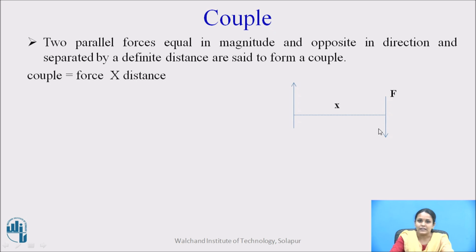When I apply the same force in magnitude but in opposite direction, here this force is acting downward and here it is acting upward. So these forces are the same in magnitude, opposite in direction, but separated by a definite distance. Here x is the distance between these two forces. So these type of forces can form a couple.